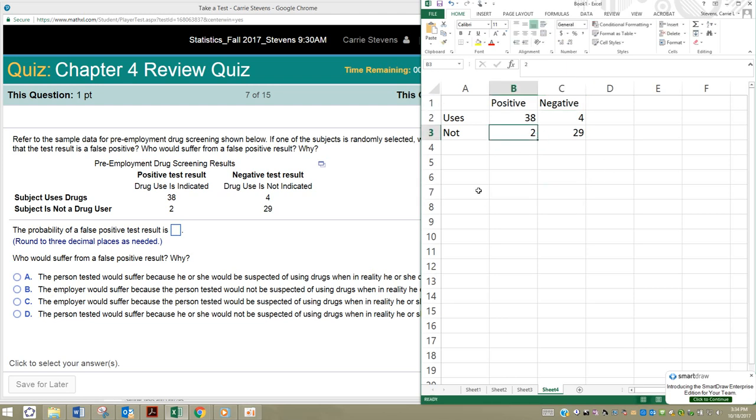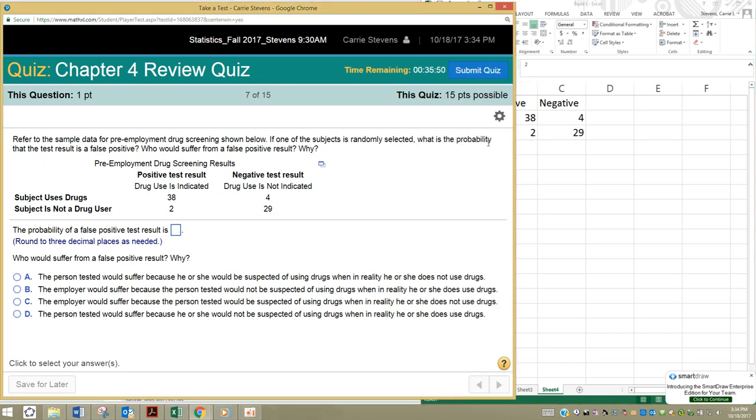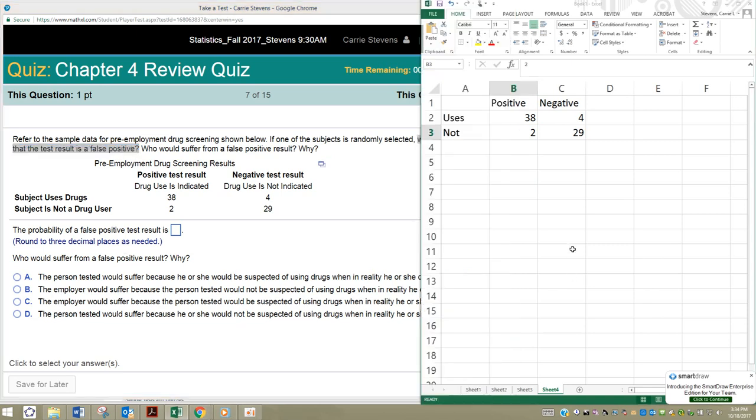All right, so the false positives, what does it say again? What is the probability that the test result is a false positive? Okay, so I'm looking for the probability of a false positive.